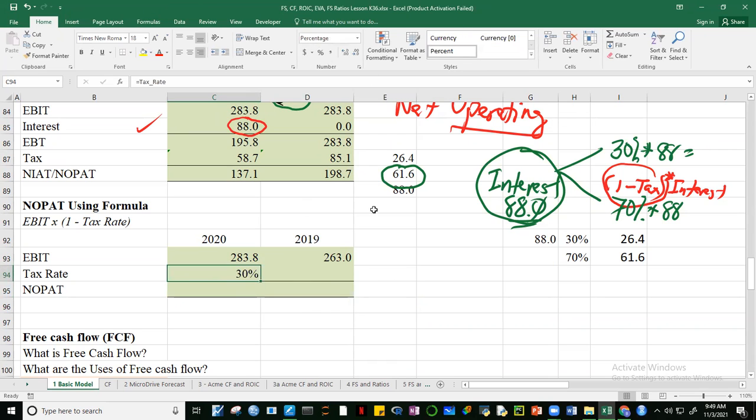So how do we compute for NOPAT, guys? Based on this, our NOPAT will be equal to your EBIT, and then times, we subtract the tax rate from 1, and then copy to the right. So for 2020, it was 198.7.